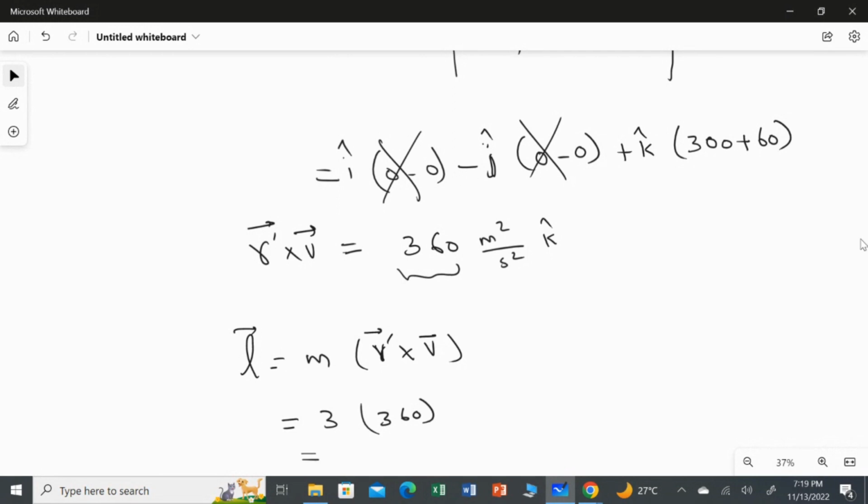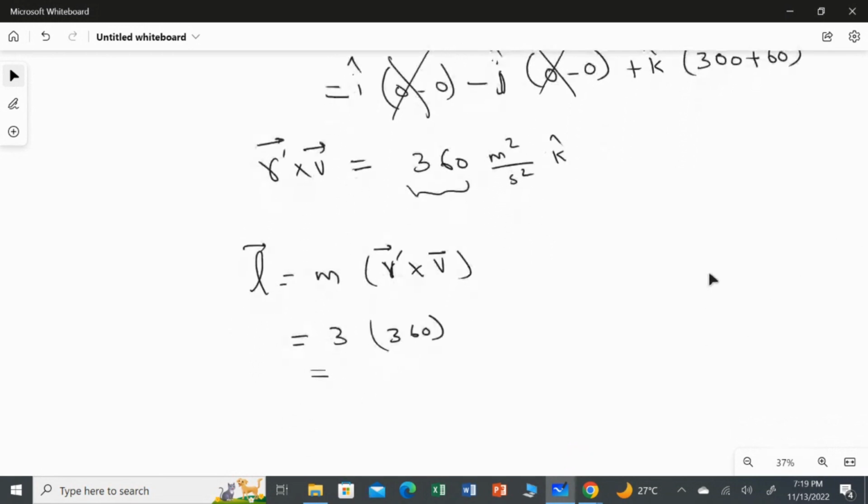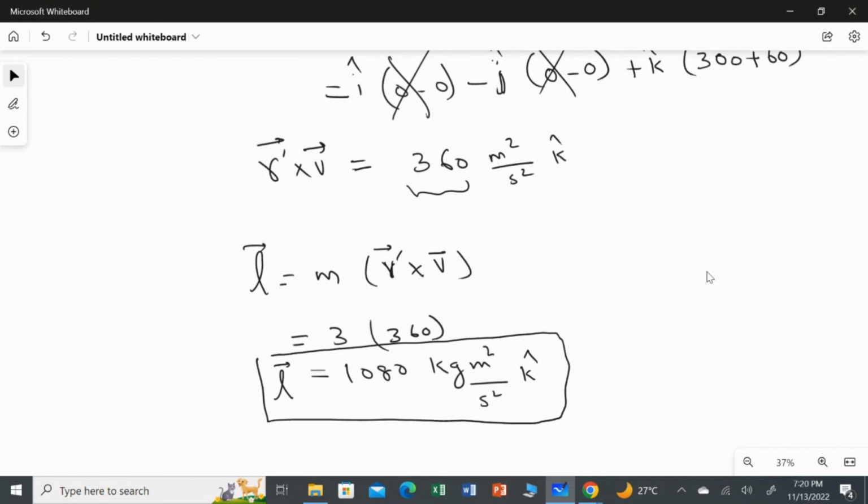If you multiply, what you will get? We will get the answer. The value is 3 multiplied by 360, which is exactly 1080, right? So 1080, and what's the unit? Kilogram meter square over second, k cap. Clear? So this is the answer for the second part.